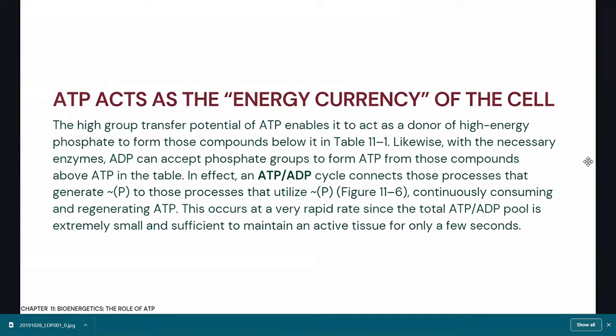So our currency for energy is ATP. Huh? So this is how the cell uses it. They do not use peso or dollar. They use ATP. Okay?